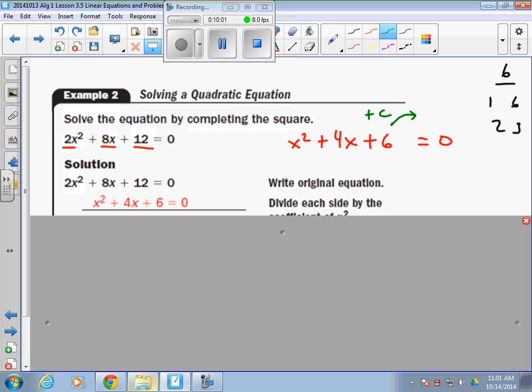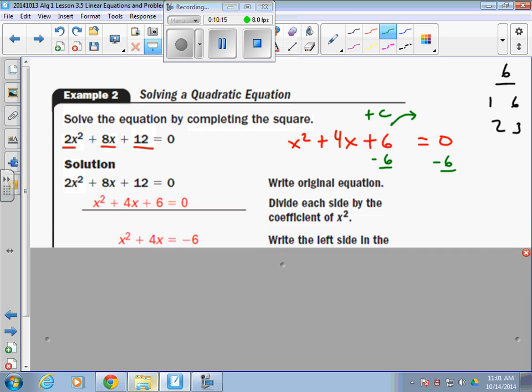We know how to do that already. We know how to undo plus 6. It's the way we've always undone plus 6 since the second month of Algebra 1. You subtract 6 on the left. If you subtract it on the left, you subtract it on the right. Now what that leaves you with is x squared plus 4x equals negative 6.